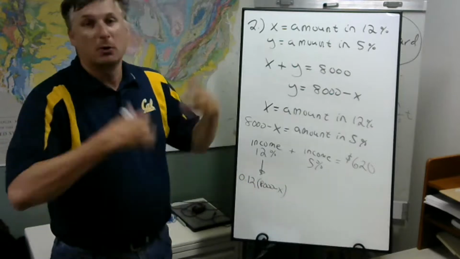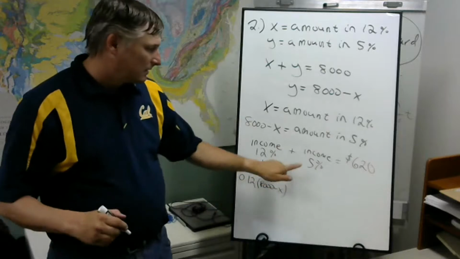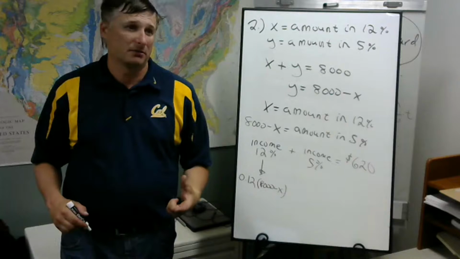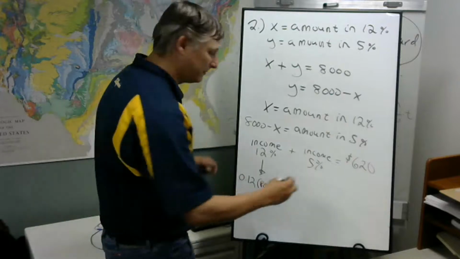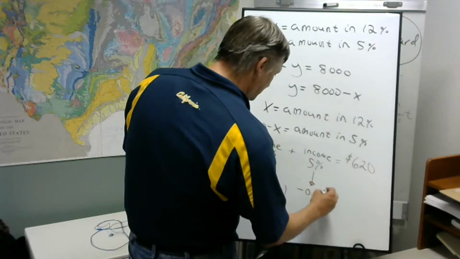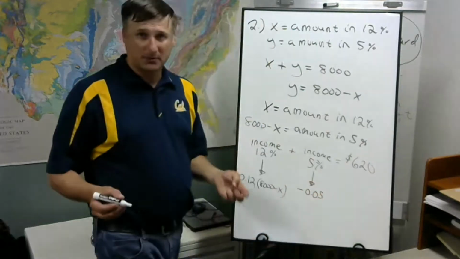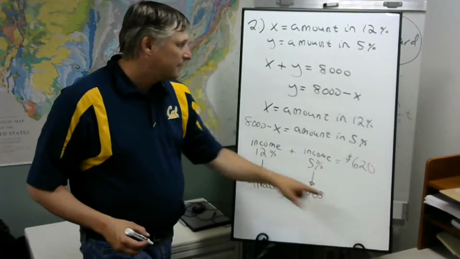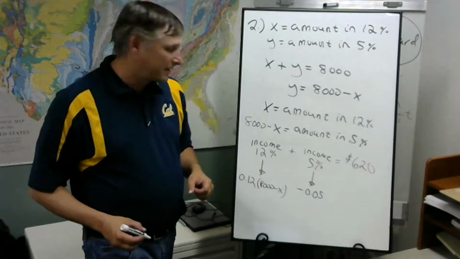So the more you invest, the more money you get. This one, though, we lost 5%. So this is negative. This will be negative 0.05, again converting our percent to a decimal, times the amount of money that was invested in that account.